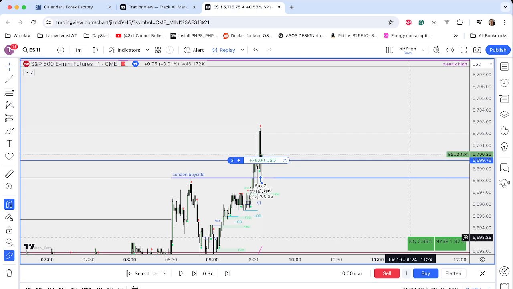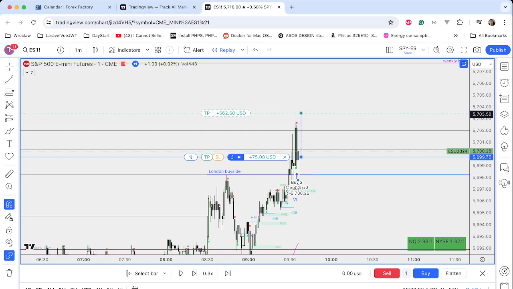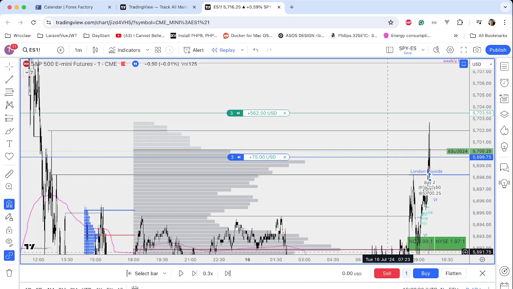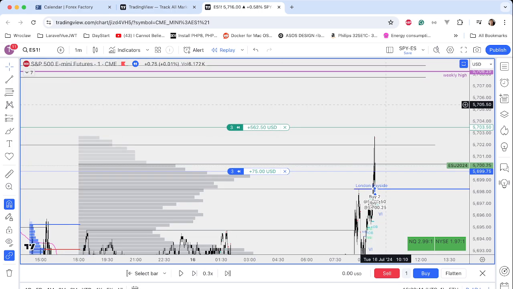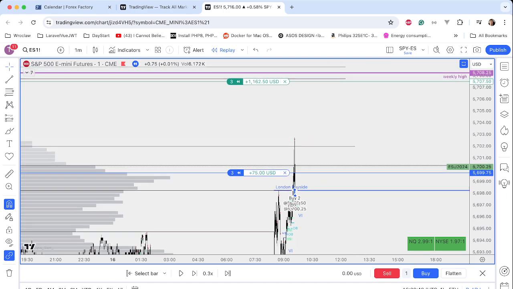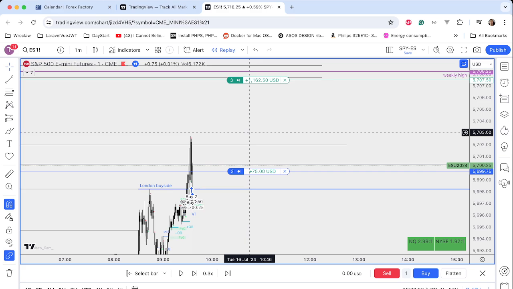But, okay, so now we're sitting with three contracts. And target for that will be up here. But we'll have to take some once we're in profit, so we can move our stop loss to break even.